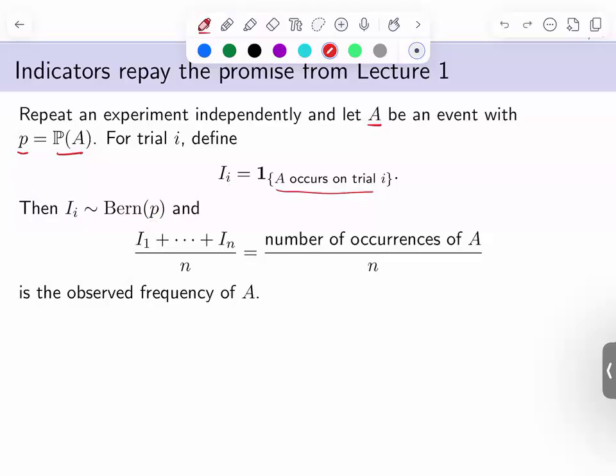Then the average is the empirical frequency. I did this n times, and each time I record whether event A occurred or not, and this tells you the empirical frequency of that happening, basically the number of occurrences of A divided by n. By the law of large numbers, this has to converge in probability to the probability of A, because that's the expectation.